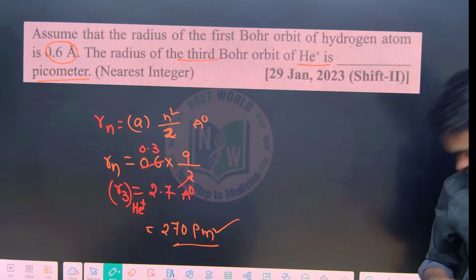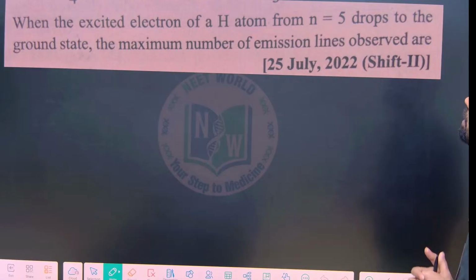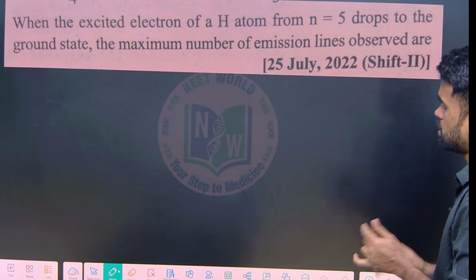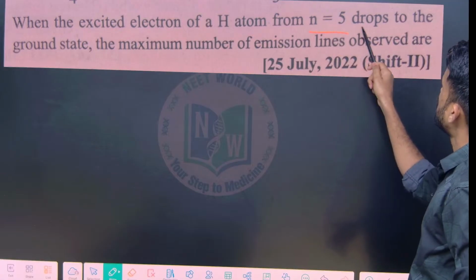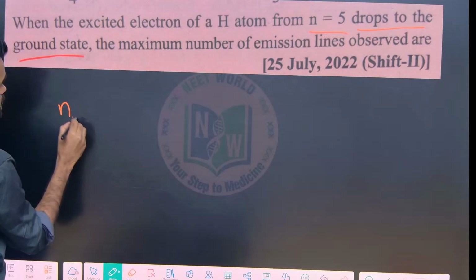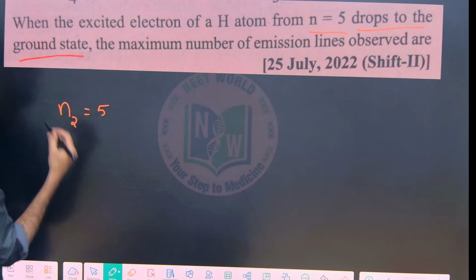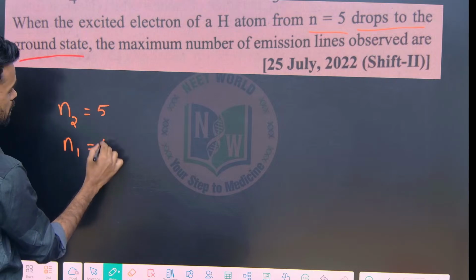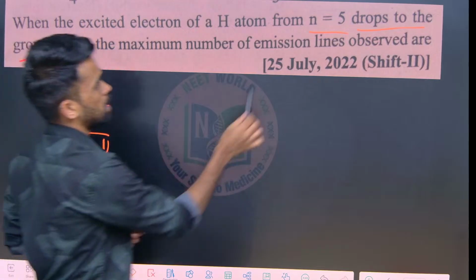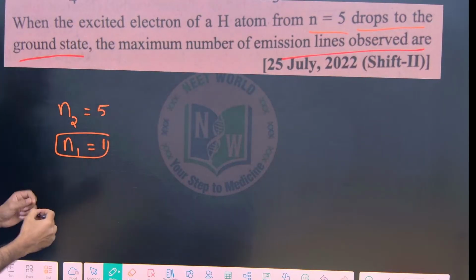The next question here is, when the excited electron of a hydrogen atom from the fifth state drops to the ground state, from where to where? The highest energy level n2 equals 5 falls into the first energy level n1 equals 1, the ground state. The maximum number of emission lines possible here is, very simple.